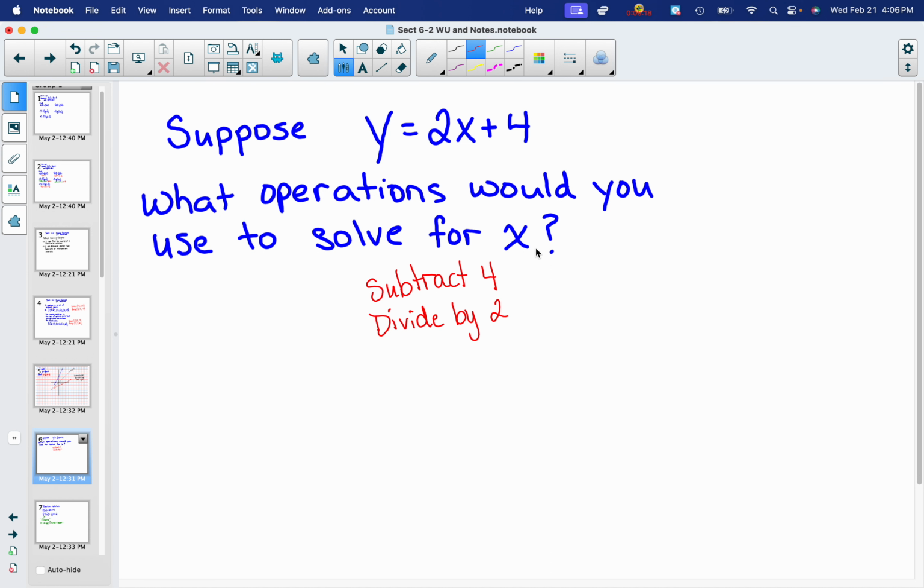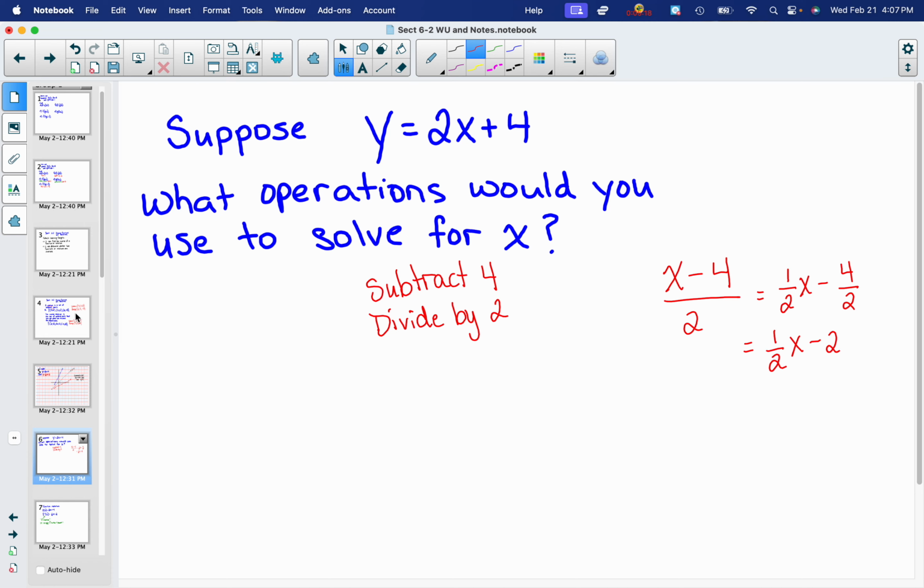Okay, so let's suppose that I start with an x and I subtract 4. So x minus 4. And now I'm going to divide the whole thing by 2. Well, I could split this apart and say that's 1/2 x minus 4 over 2. Or I could just call this 1/2 x minus 2.